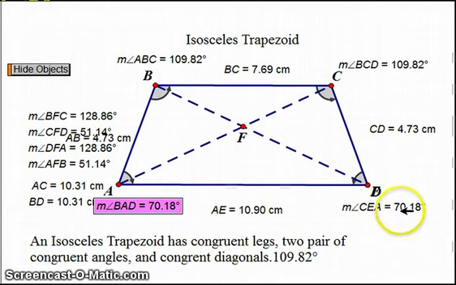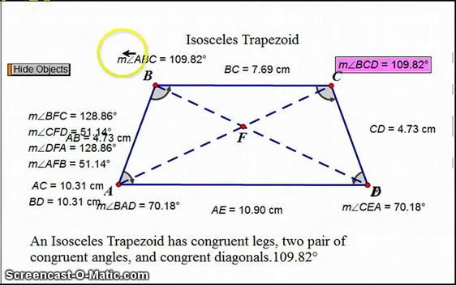The pairs of congruent angles are not opposite like they are in a parallelogram, but adjacent. Same thing over here. This angle is congruent to this angle, but they are adjacent, not opposite. So an isosceles trapezoid has two pairs of congruent angles, adjacent to one another, and we call them the base angles.